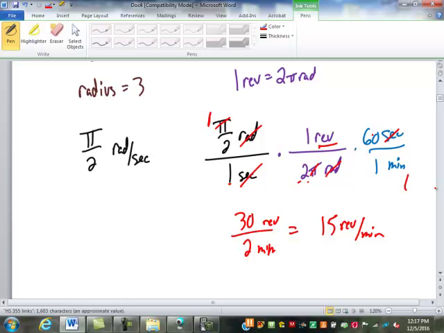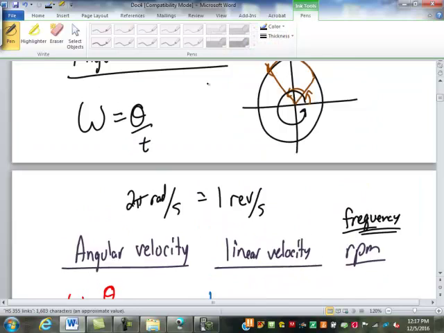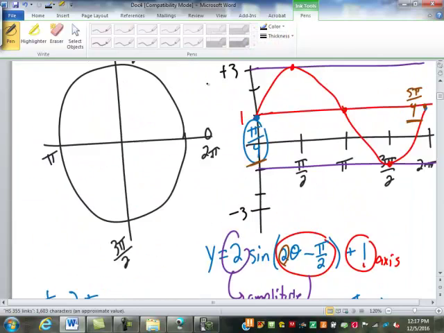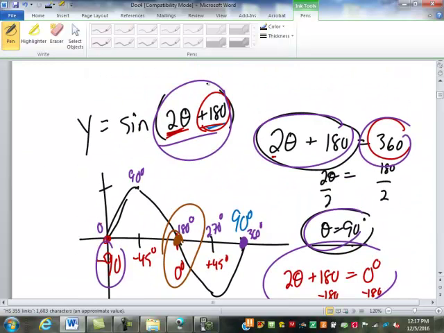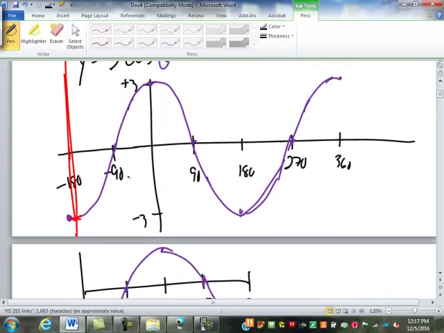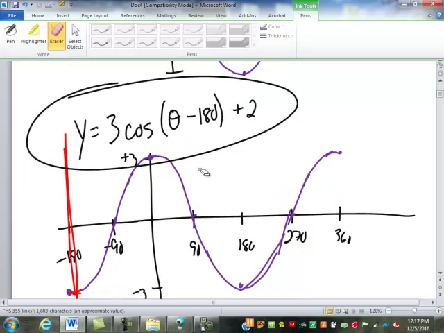Actually, I just have one question on, I think it was 2 equations up. This one? Next one up? That one right there. Okay. For that one, isn't the +2 made that shifted up 2?